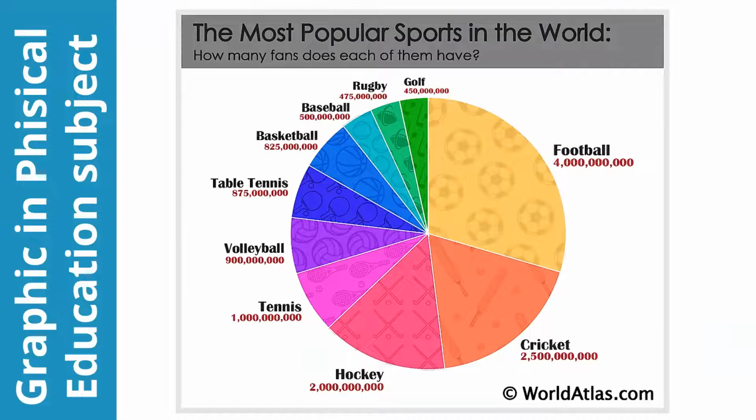For example, what's the most popular sport in the world? Football, and the students can just check this. What's the most important sport, or the second most important, or the third, etc. So they can study ordinal numbers, superlative adjectives, and this.